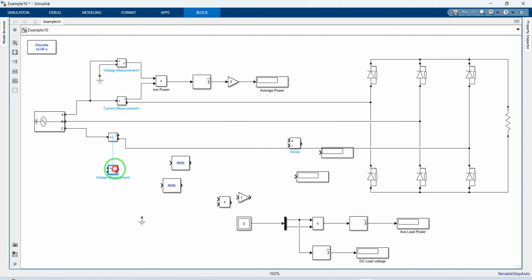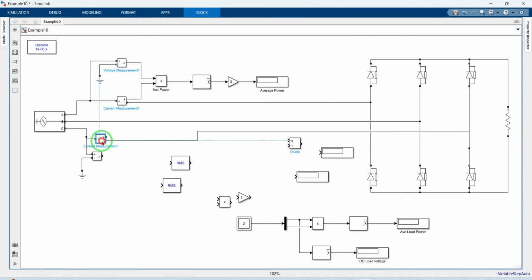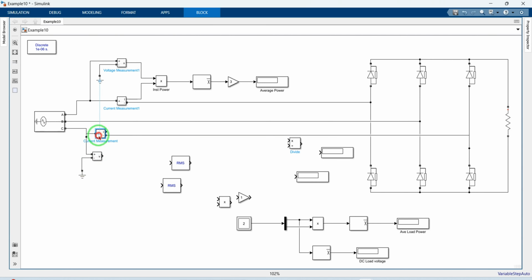Connect the other voltage measurement block. Connect an RMS block to each of the current and voltage measurement blocks.